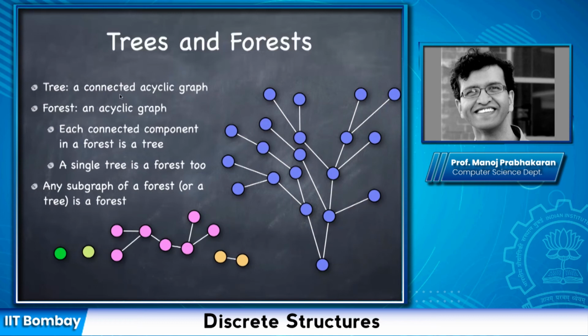If I took a tree and did that, it could get disconnected. So it may not remain a tree anymore, but it will still be a forest. Of course, I could take a forest or a tree and take a subgraph which is a tree. That is entirely possible. But in general, any subgraph of a forest is guaranteed to be a forest.